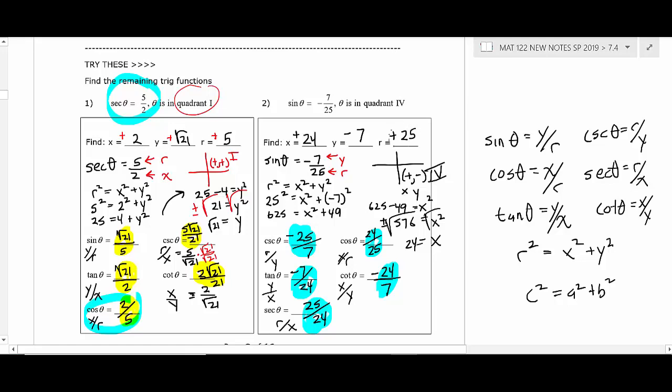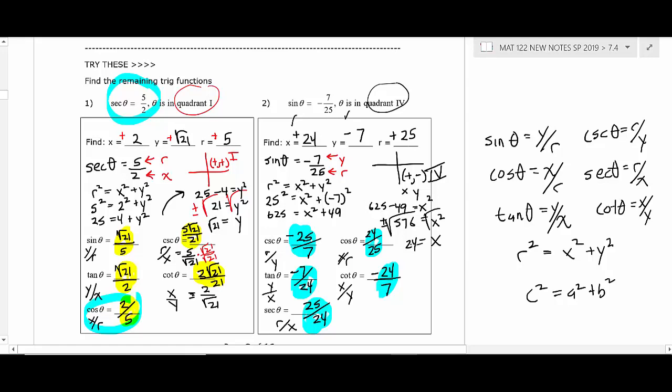So if r is 25, that forces the 7 to be negative. If you're in quadrant 4, you have over and down, so x is positive and y is negative. So you had to figure out that since you're in quadrant 4, x is positive, y is negative. For the Pythagorean theorem, you can look through the details of what I've done there. Students generally do very well with that.